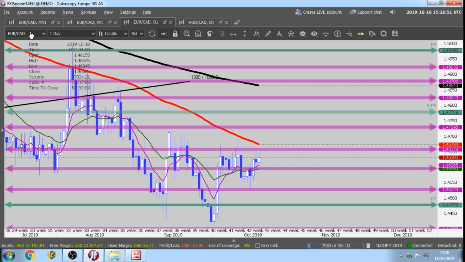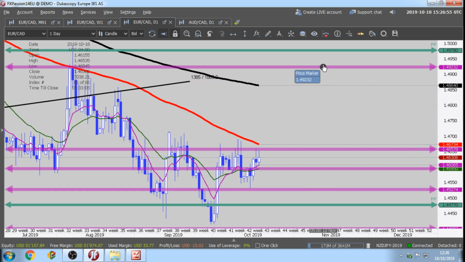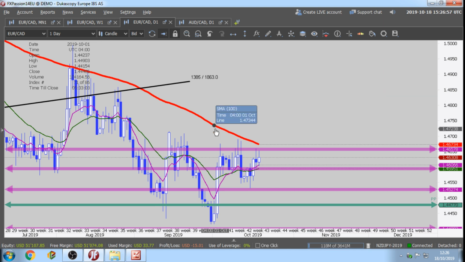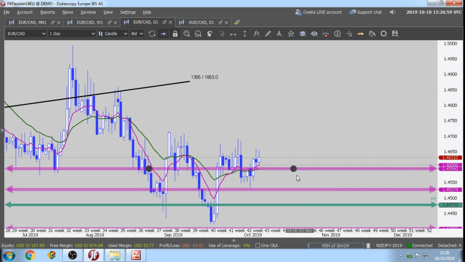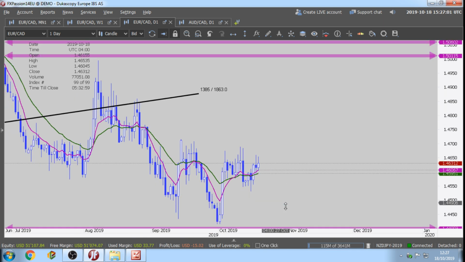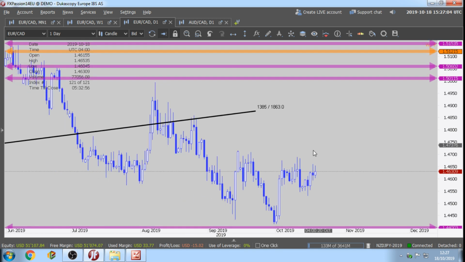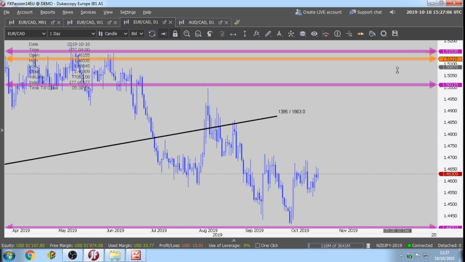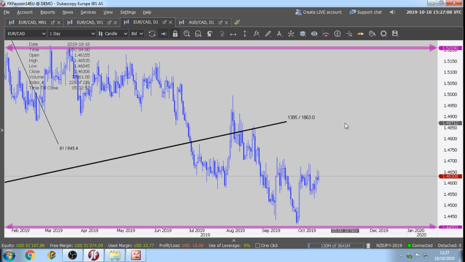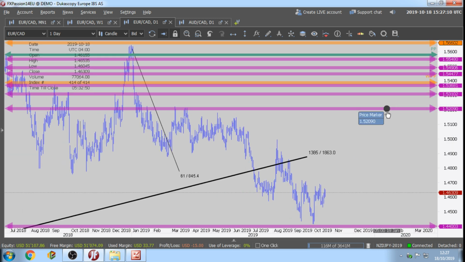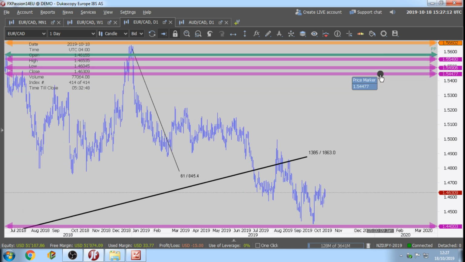EuroCAD. Okay, I'm going to delete this. Don't do this, everybody. Delete the lines. Delete everything. So many lines.